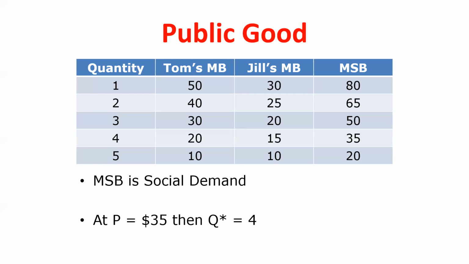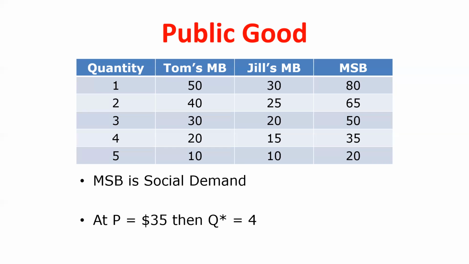Now, society as a whole benefits a lot from it, but no one individual is going to find it valuable enough to pay the entire sum of what national defense would cost. And even if they did, demand, or marginal benefit, is the willingness and ability to pay, and none of us have the ability to pay for the entirety of national defense. However, if we think about society's benefit here, or marginal social benefit, it would be the sum of all 3 of these demand curves.